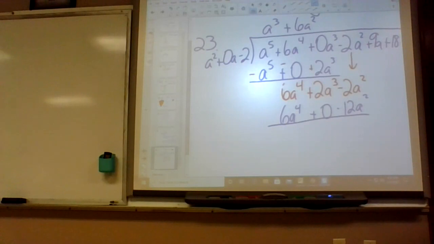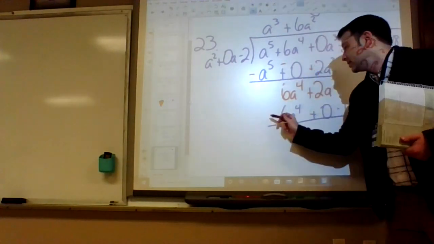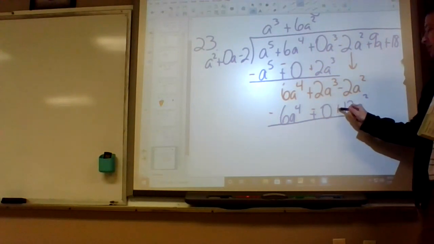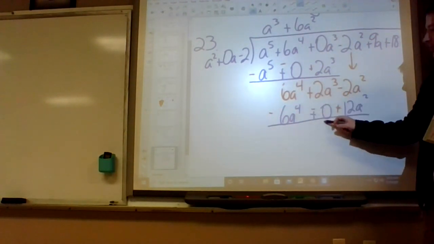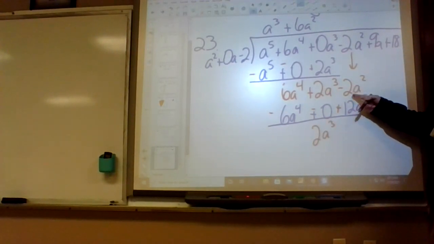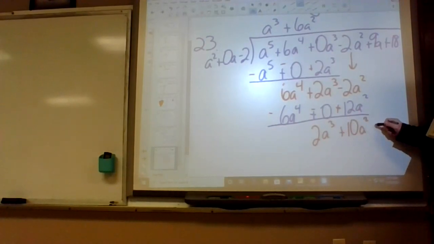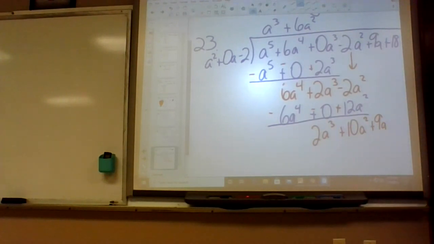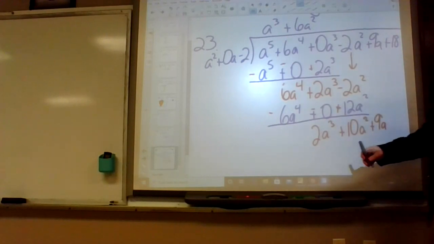We got one left after this one. Subtract down everything. Minus becomes a plus. That goes away, should every time. This becomes 2a cubed. Negative 2 plus 12 is plus 10. Oh no, there's one more step after this one. We still got the plus 18 to bring down. Okay. Trash.